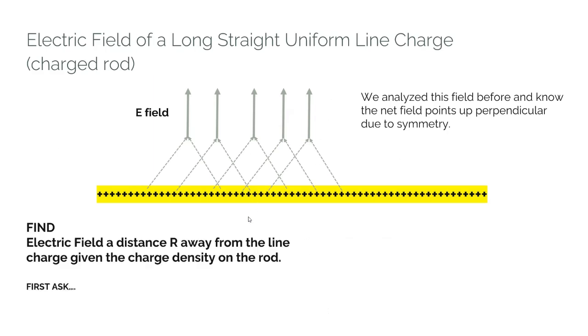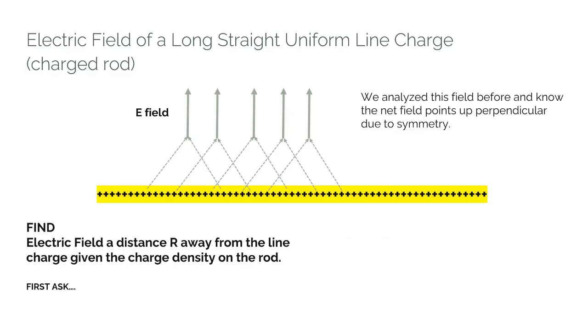I would like to know the electric field a distance r away, some height, some distance r away from the rod. And I'm going to be given the charge density of the rod. A charge density means that you take the total charge and you divide by the area. So that'd be Q over the total area that you're given.